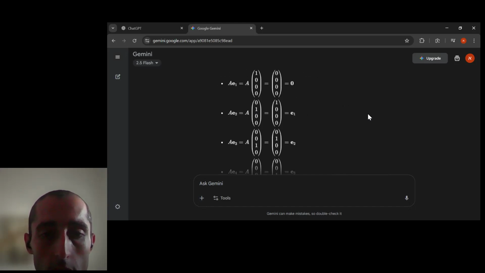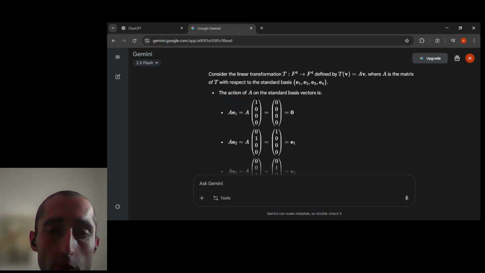Okay, so what is unique in this matrix? As you can see, it just shifts a vector some slots to the left, let's call it. So you see that if I take the matrix and take E1, it is shifted to the left and becomes 0, 0, 0, 0. If I take here 1, again, I shift it to the left and this becomes E1.